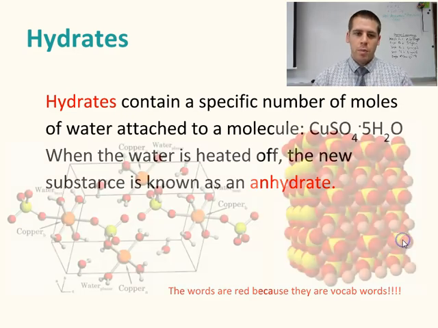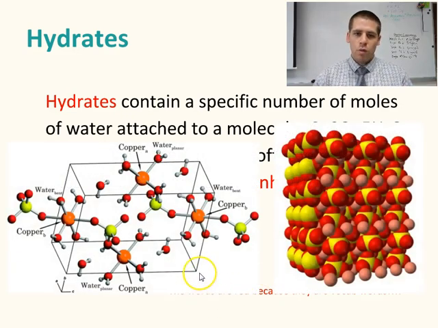Okay, so here's a couple pictures to show this, different ways of representing it. This one is showing your copper atom, or it's really an ion, and a sulfate, and there are water molecules that are bound inside that structure. You have all these different ions overlapping, right? Positive, negative, positive, negative, positive, negative.